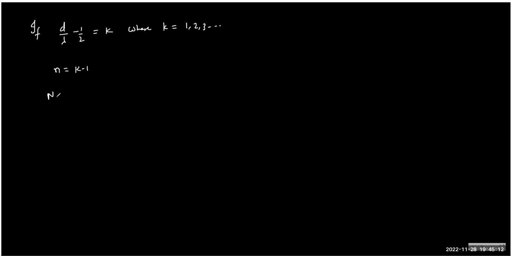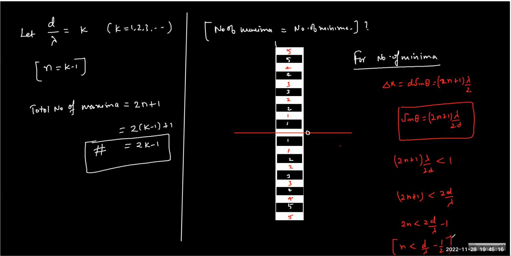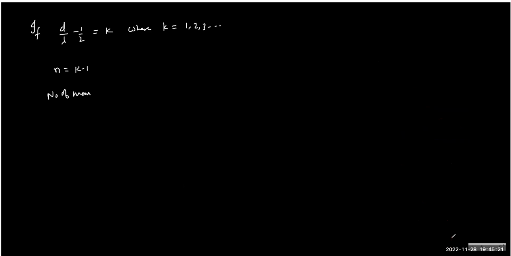For the number of maxima, earlier the k was d by lambda. And now the k is d by lambda minus half. So let's call it k dash just to compare k and k dash. K dash is d by lambda minus 1, minus half.